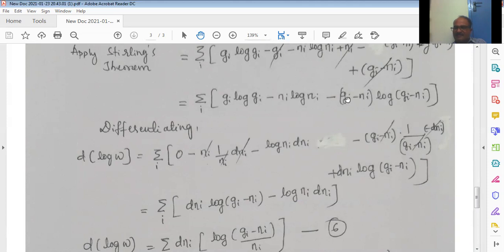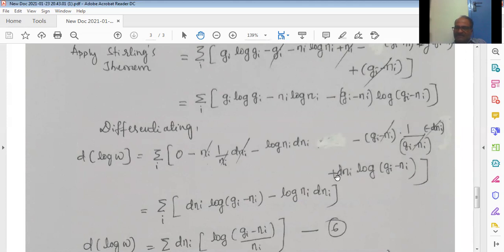Next, differentiate this term again using the product rule. So you keep this term as it is, and the log of Gi minus Ni is differentiated here. It is 1 by Gi minus Ni into minus dNi. Actually, it is dGi minus dNi. As dGi is 0, we will get this term. It is minus dNi only left here.